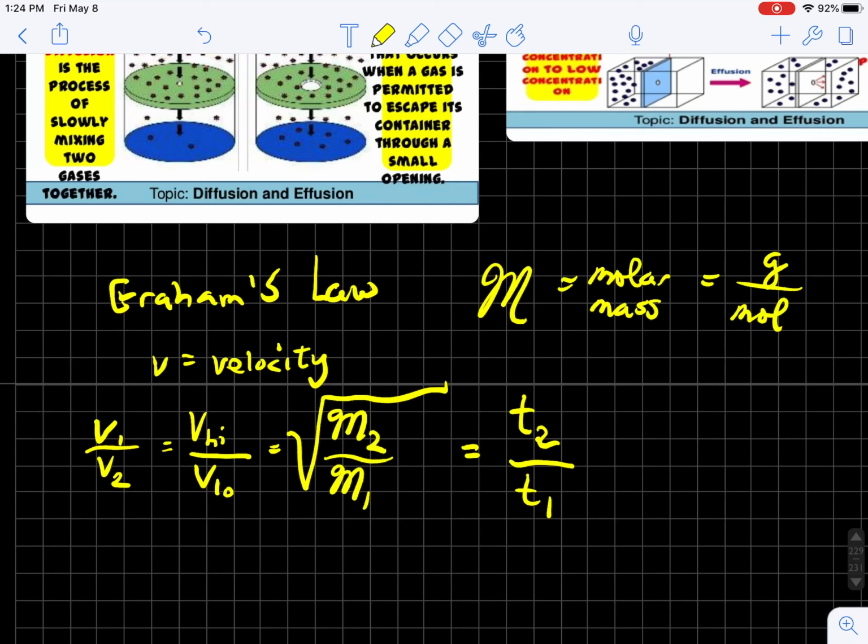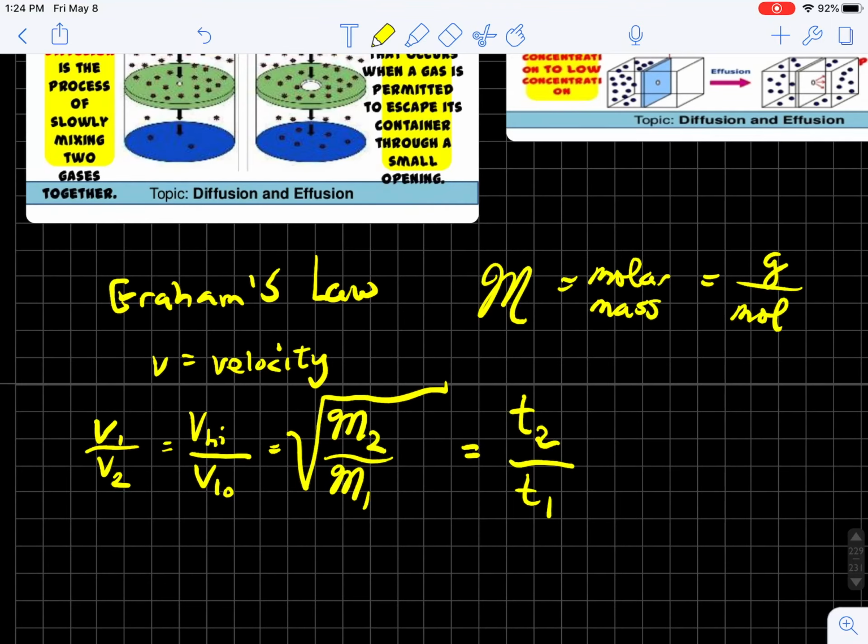If you have a high velocity, you're looking at low mass. The relationship between velocity and time for scattering is going to be inverse as well. If you have a low velocity, it takes a lot of time. If you have a high velocity, it takes very little time to scatter. And the relationship between molar mass and time for scattering is going to be directly proportional. That if you have a heavy particle, it takes more time.